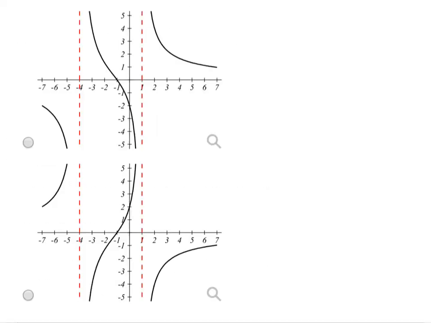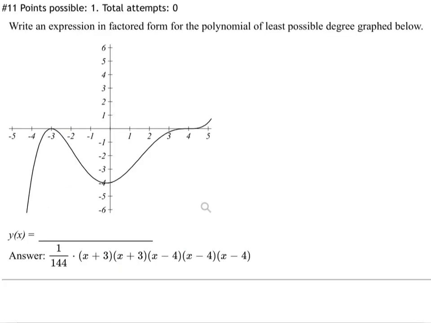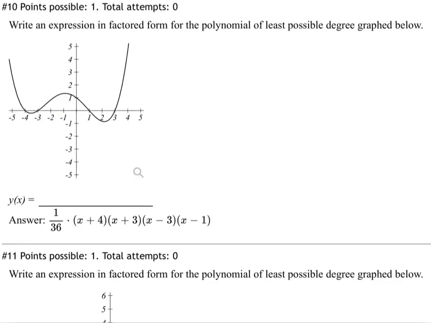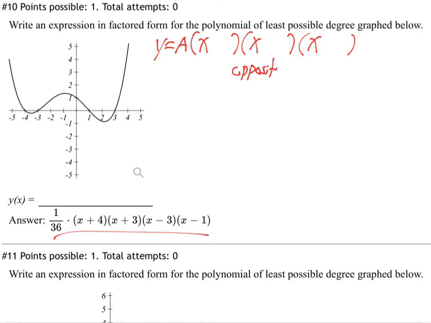Number 10 gives us a graph. On this graph, they want me to write it in factored form, like you can see the answer down here. So it's going to be y equals a. Remember what you do. You go x parenthesis, x parenthesis, x parenthesis, and these always are opposites of the x-intercepts.